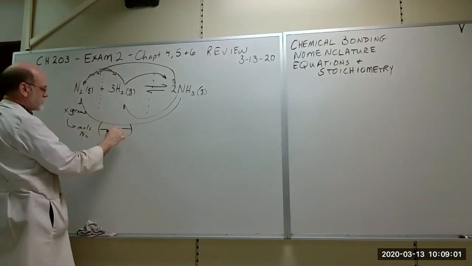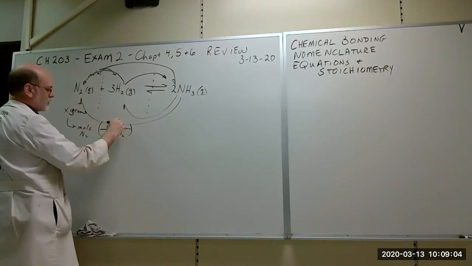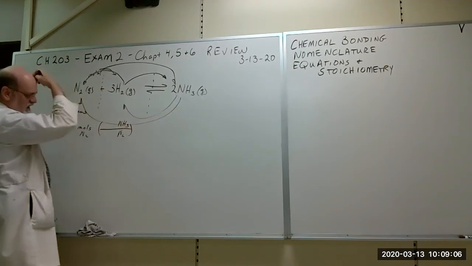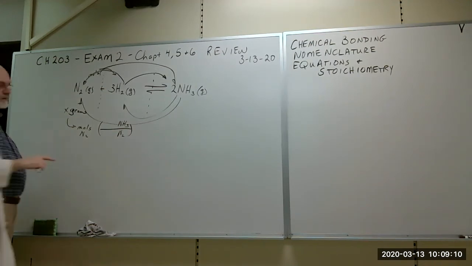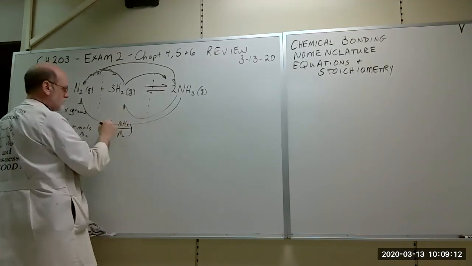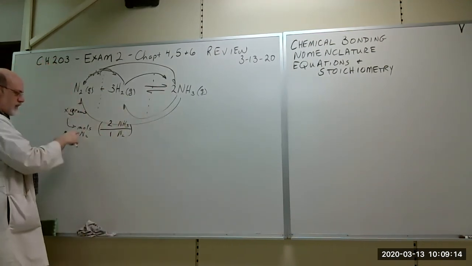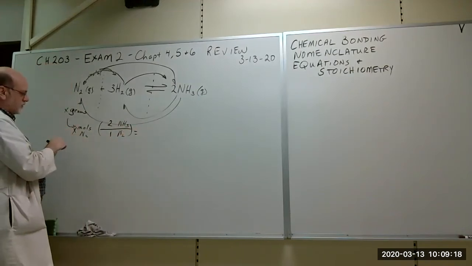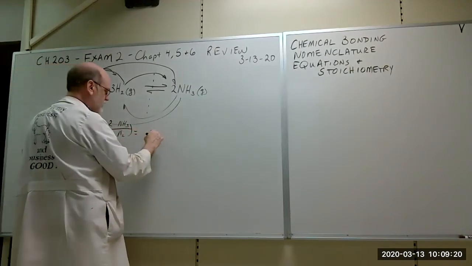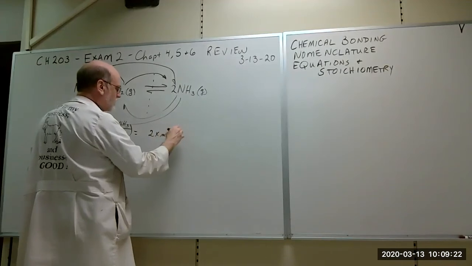So your nitrogen is going to be here, your ammonia is going to be here, and the conversion factor is coefficients. Right? 2 of these, 1 of those. So whatever moles you have here, say X moles here, you have 2X moles of ammonia here.